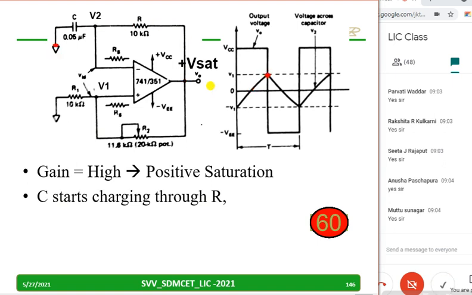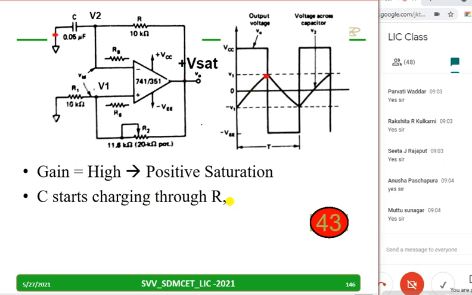It starts from 0 actually. First time I am showing the waveform in between. So you copy down one line: because the gain is very high, the output will be positive saturation, and C starts charging through the R.